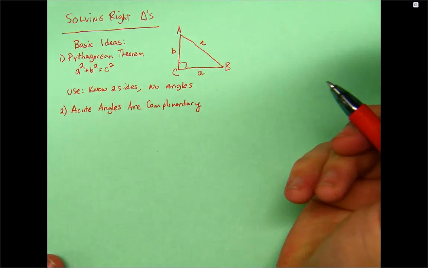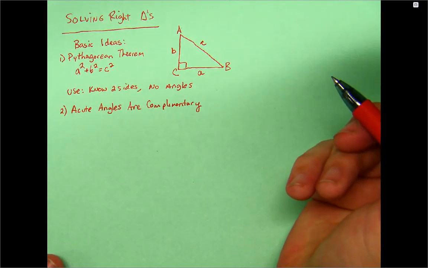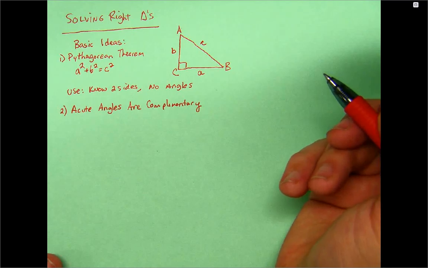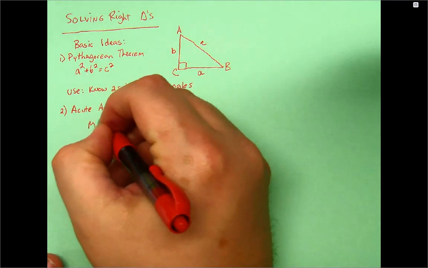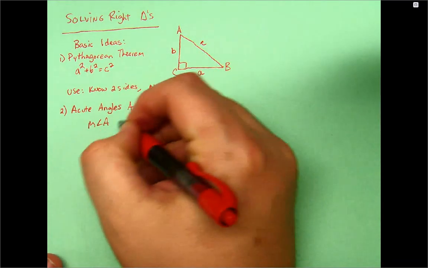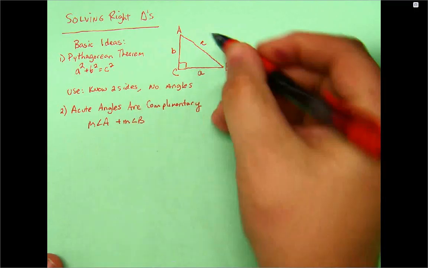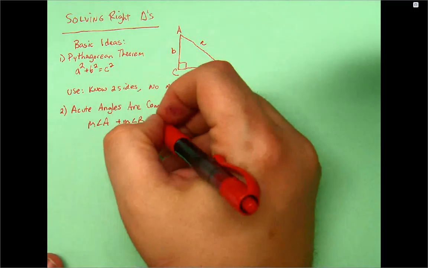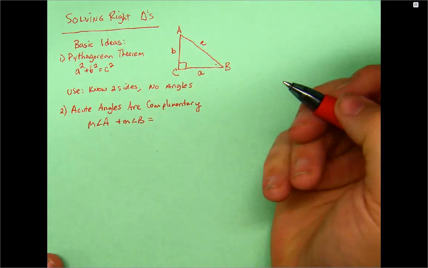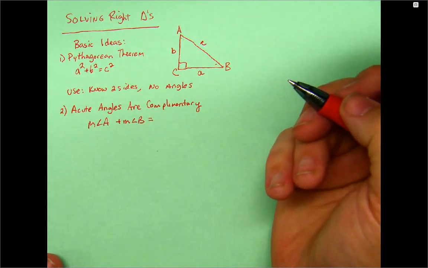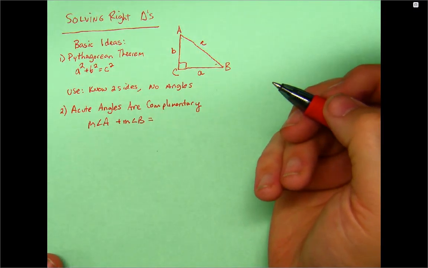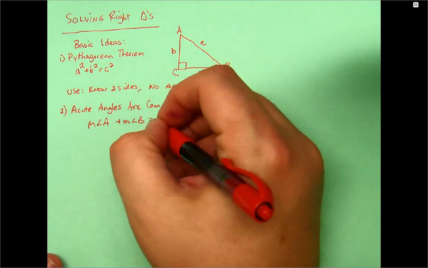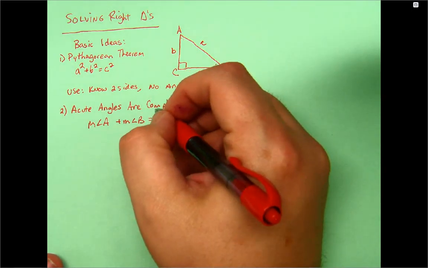Second thing that you need to know, before we get into the trig stuff: acute angles are complementary. So if I take the measure of angle A plus the measure of angle B, these two angles right here, they're complementary, which means they add up to how many degrees? Now 180, that's supplementary. 90.